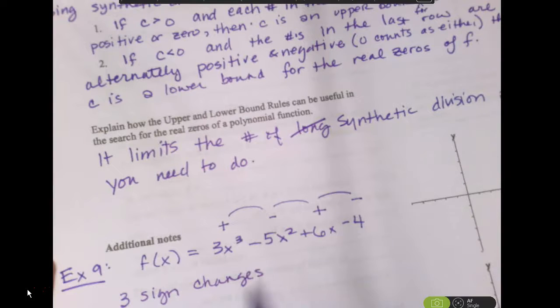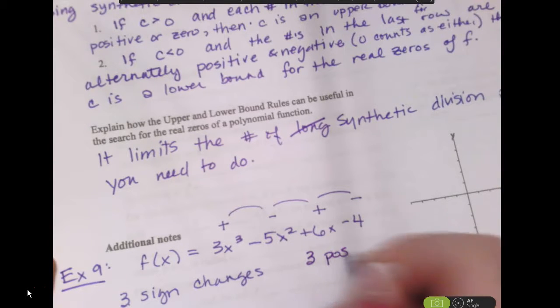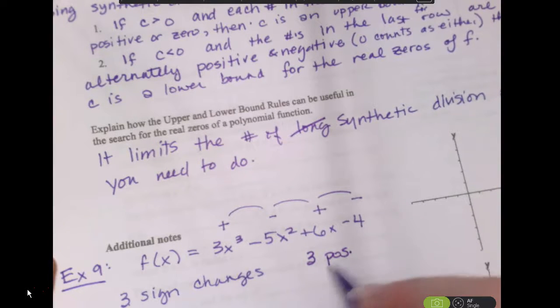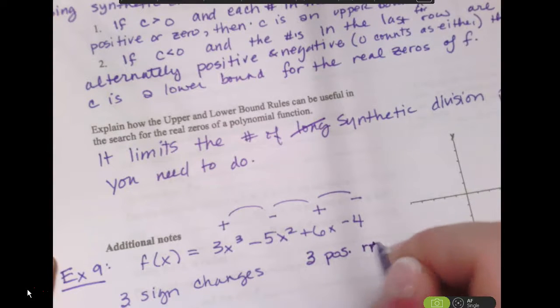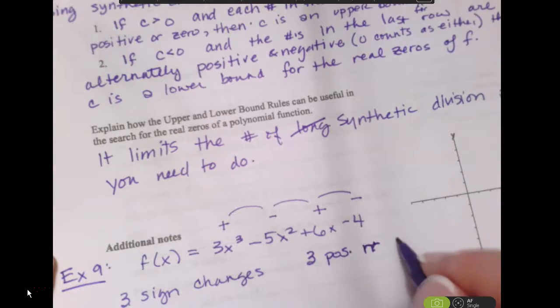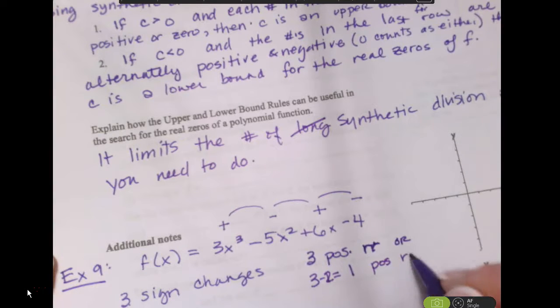So according to Descartes' rule of signs, the number of variations in sign, we either have 3 positive real roots, or we're going to decrease that by an even number. So we either have 3 positive real roots, or 3 minus 2, or 1 positive real root.